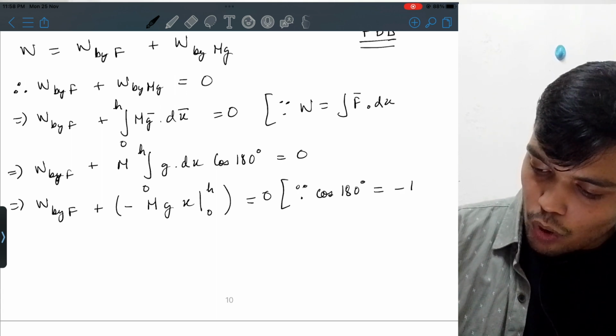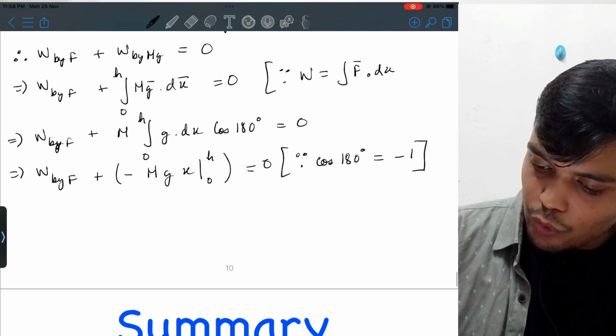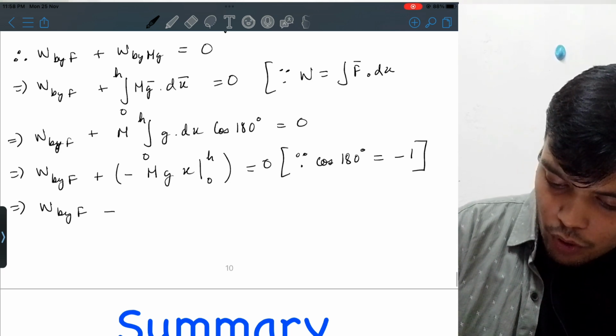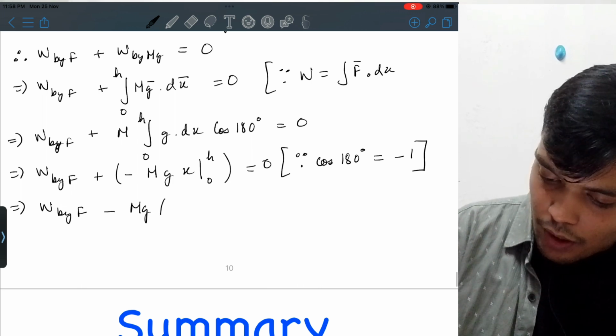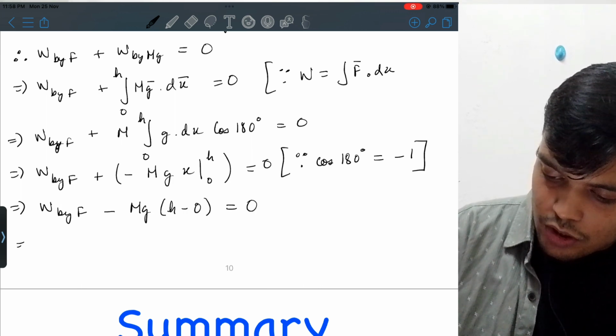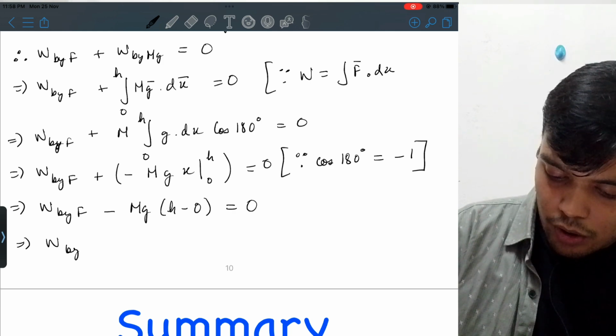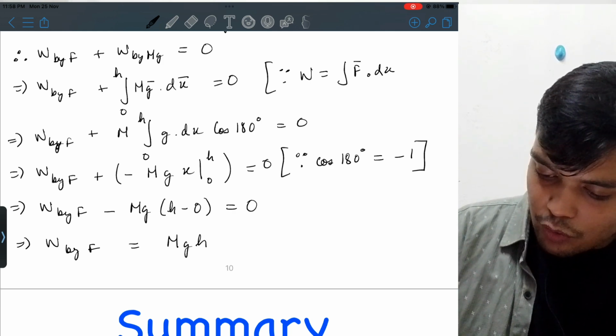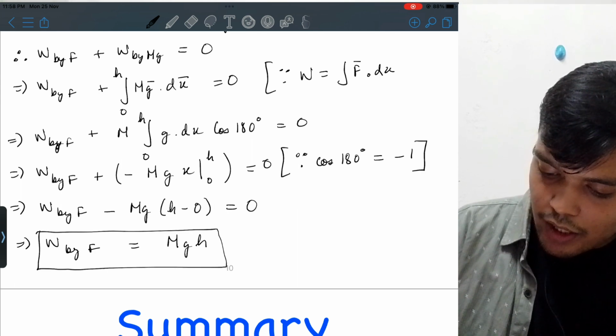This implies work done by F minus mgh is equal to 0, which implies work done by F is equal to mgh.